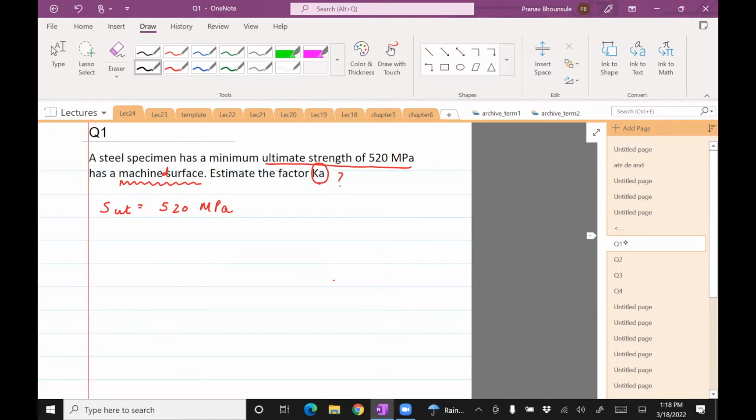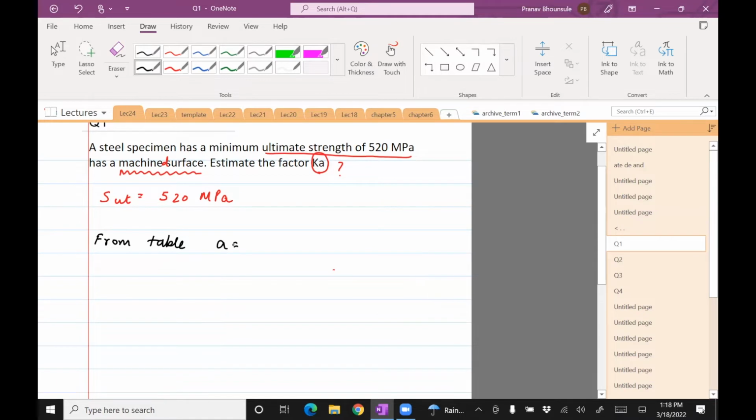Okay, so from the table, A equals 3.04, B equals minus 0.217.